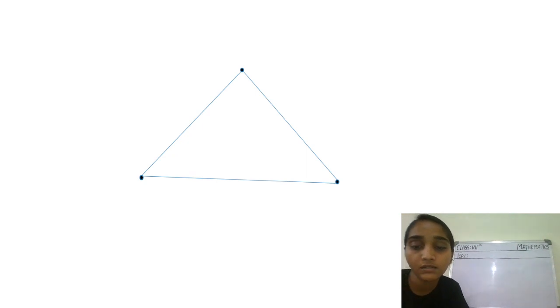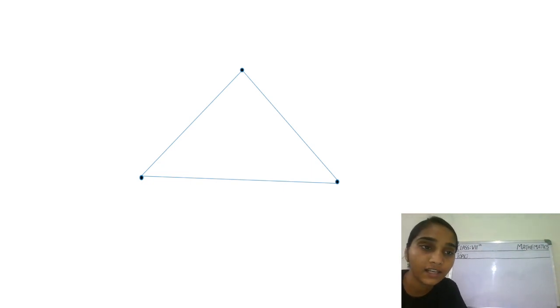Now students, do you know what is the name of this shape which we have got? No? Okay, all right. So today what are we going to discuss? We are going to discuss this new type of shape which we got by joining these three dots and three lines, which is known as a triangle.